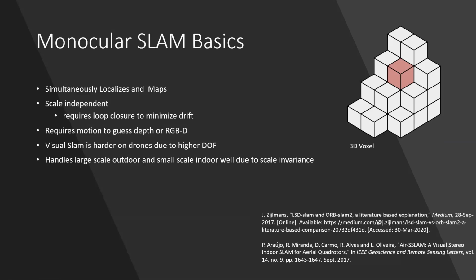So before I get into the monocular SLAM ideas, I just wanted to include this picture of what a 3D voxel is. It's fairly similar to a 2D binary map, but the position is not encoded in the voxel. So you wouldn't know that this voxel is 3 high and 2 deep.